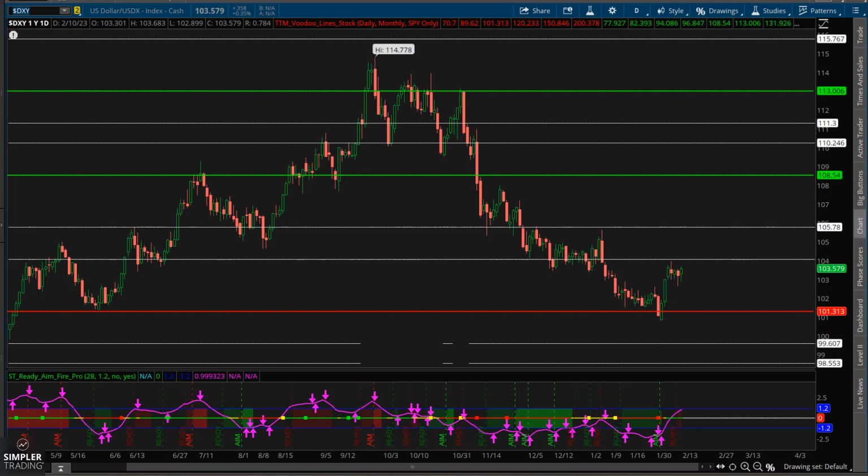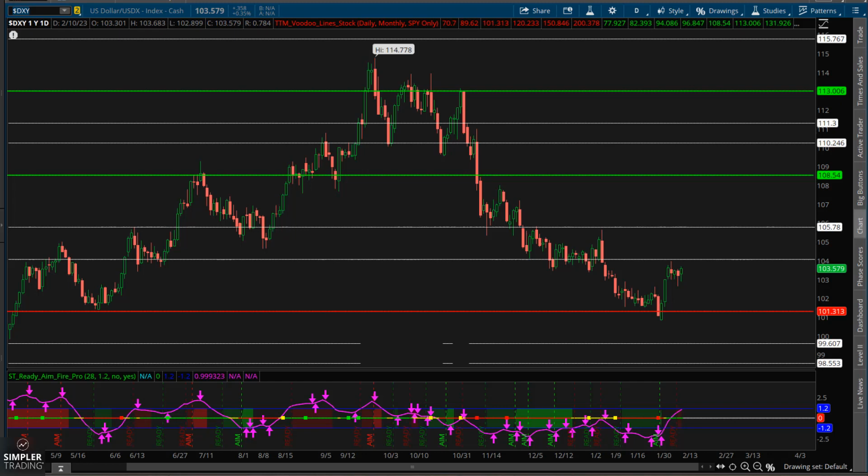And while things don't need to trade in lockstep with the dollar, and they won't be perfectly correlated, certainly a stronger dollar will be a headwind to US equities and commodities and pretty much anything else dollar denominated.